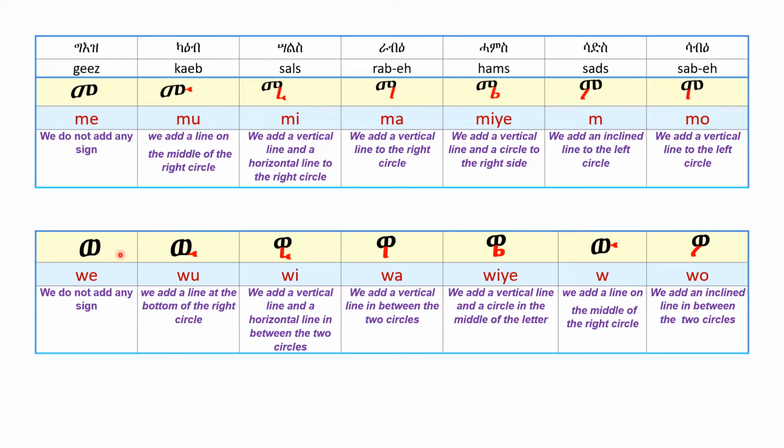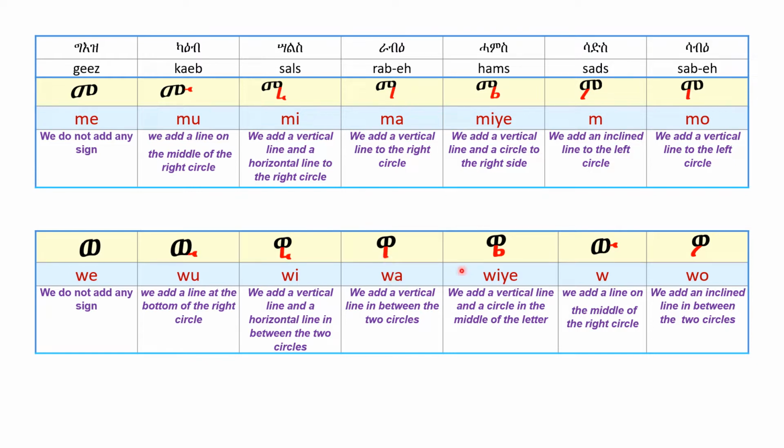We. To the first row we do not add any sign. Wu, we add a line at the bottom of the right circle. We add a vertical line and a horizontal line in between the 2 circles. Wa, we add a vertical line in between the 2 circles.